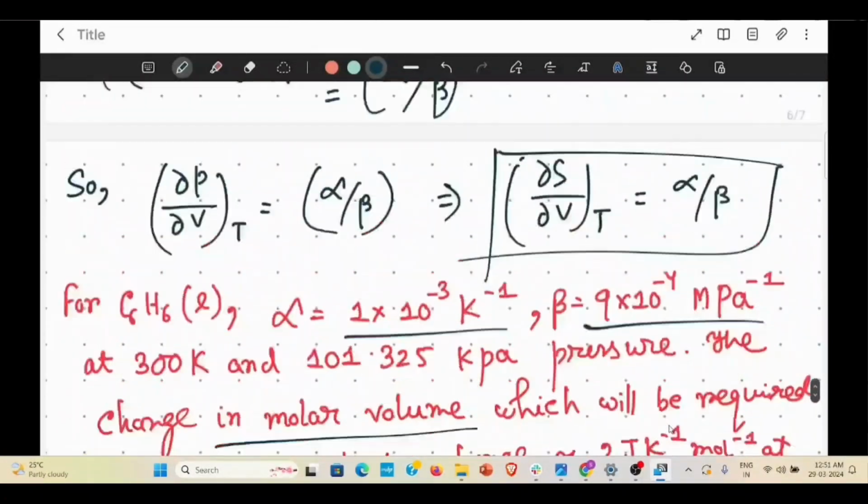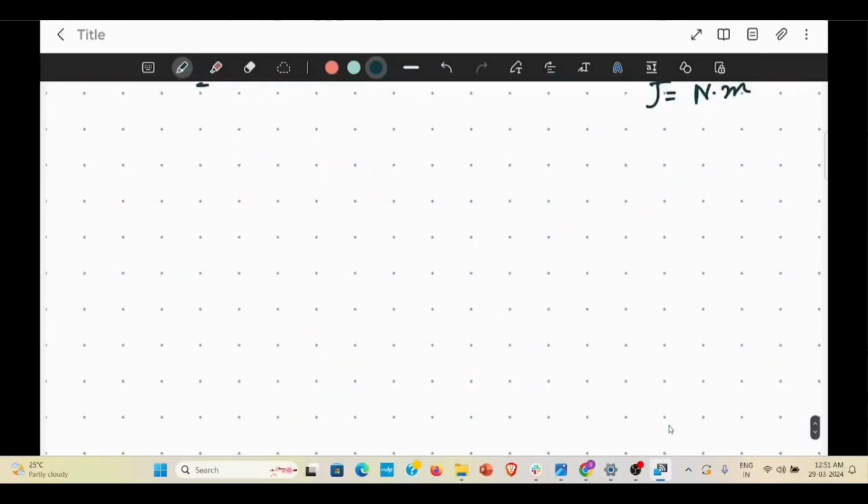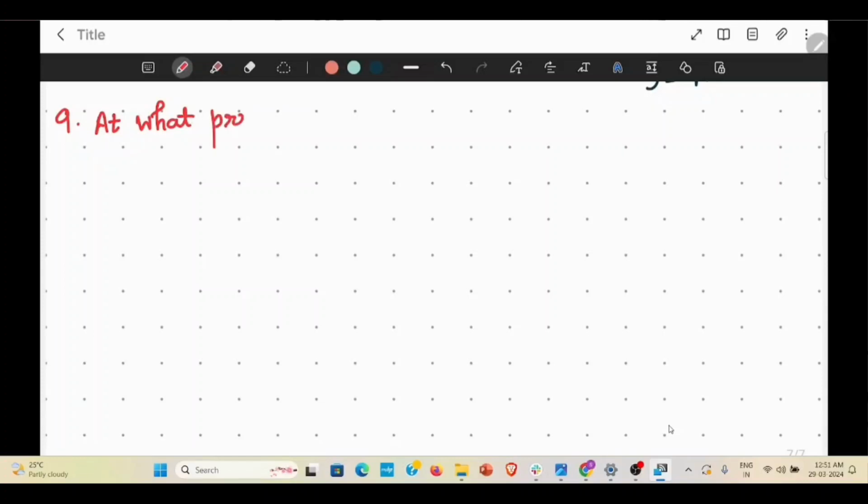Okay, so now we'll discuss question number 9. Again, I will first write down the question and then we'll discuss the solution. So let me find out the question first. At what pressure will ice melt at minus 1 degree centigrade?